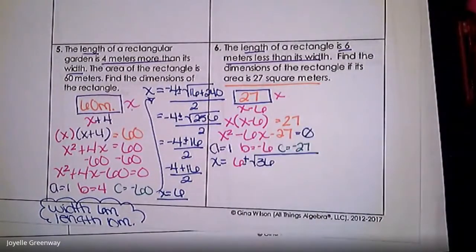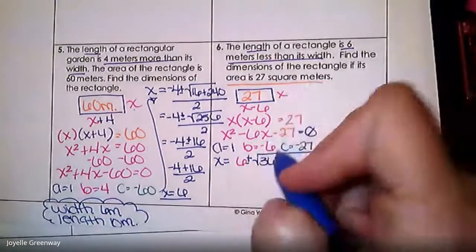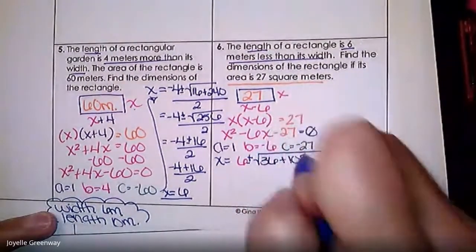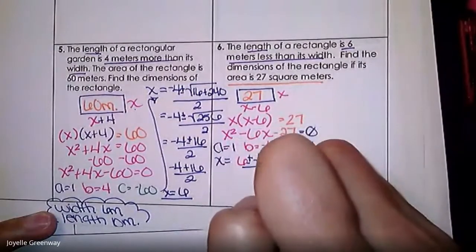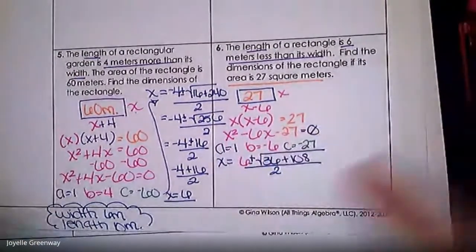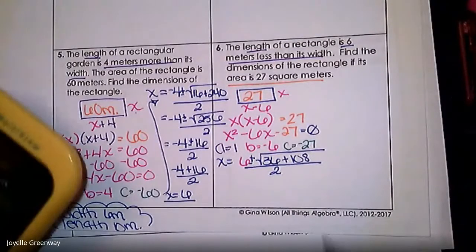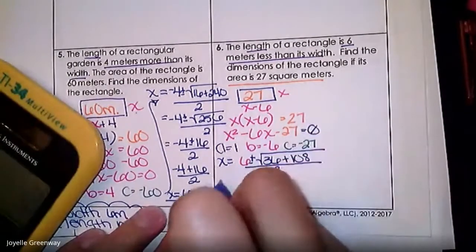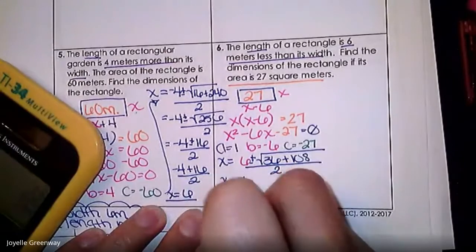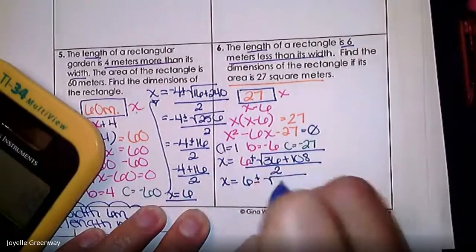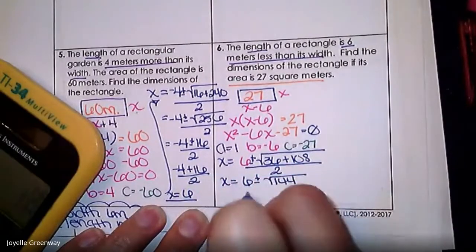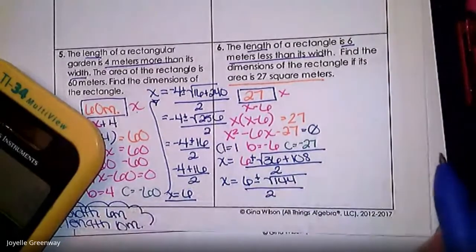I know I'm going to have a positive number. So 4 times 27 is 108, so plus 108 divided by 2a, which is just 2. 108 plus 36 is 144. So I get x is equal to 6 plus or minus the square root of 144 divided by 2.